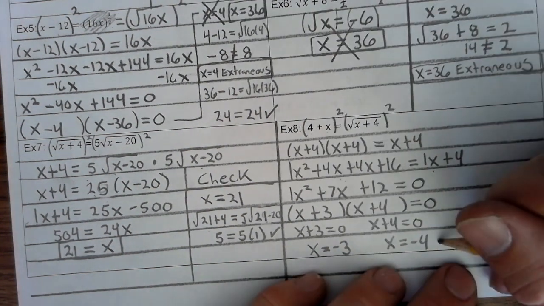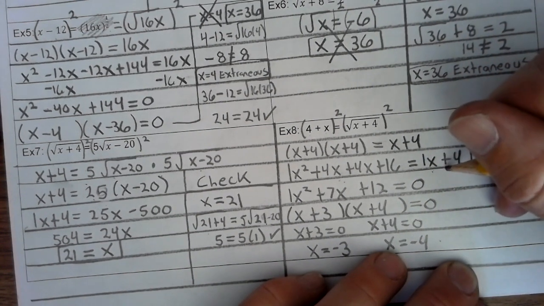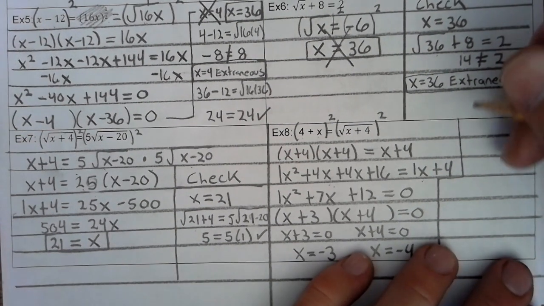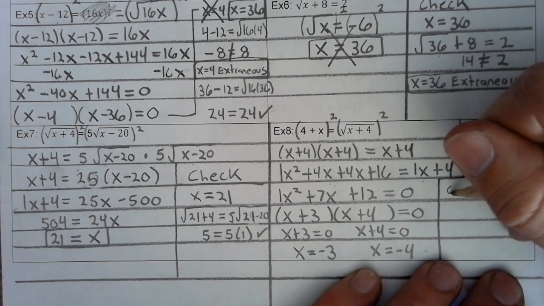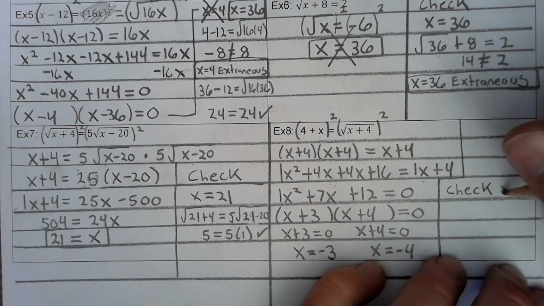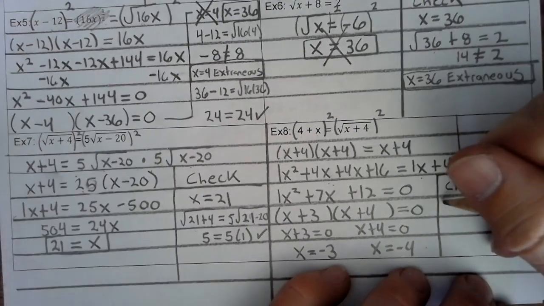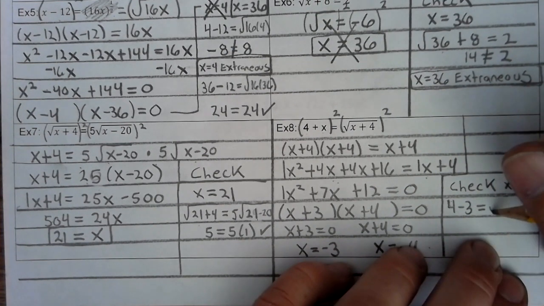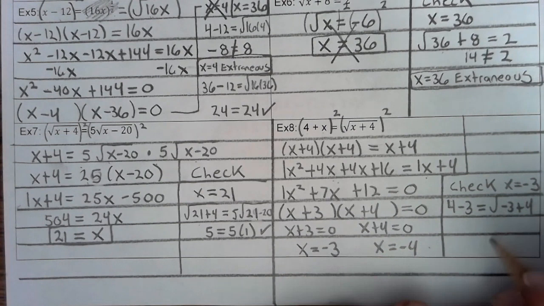So now we need to check. So we substitute negative 3 in, so that's 4 minus 3 equals the square root of negative 3 plus 4.